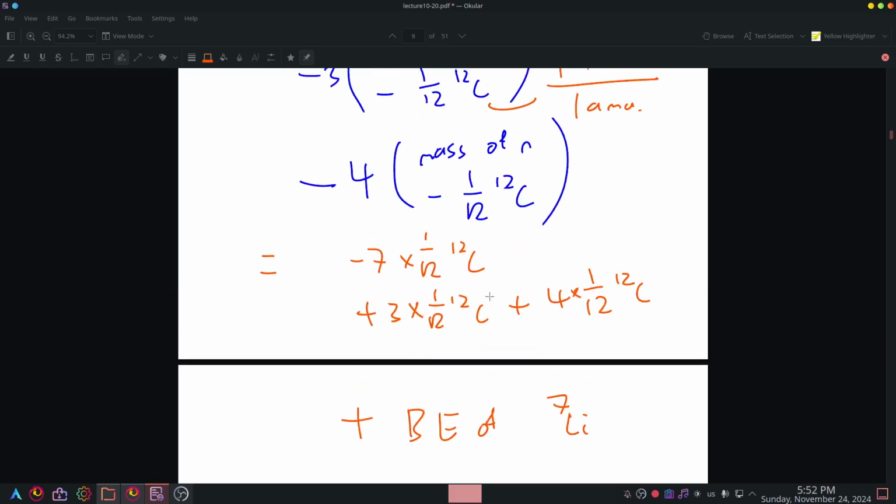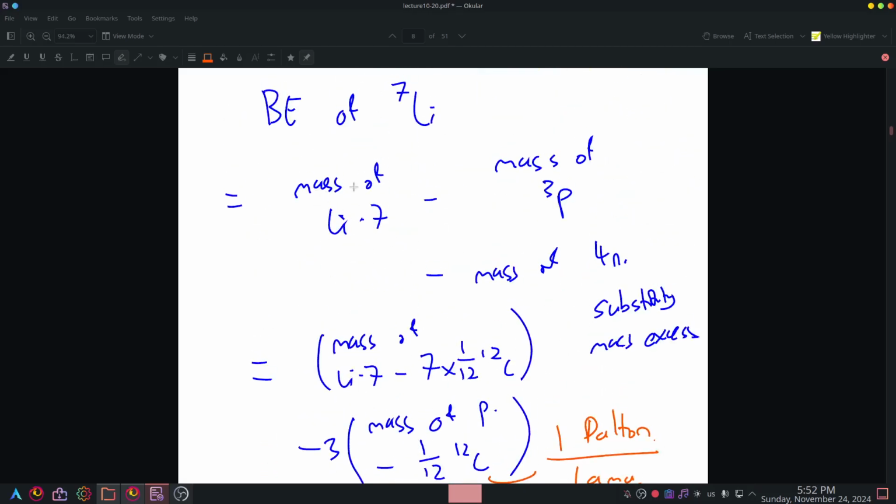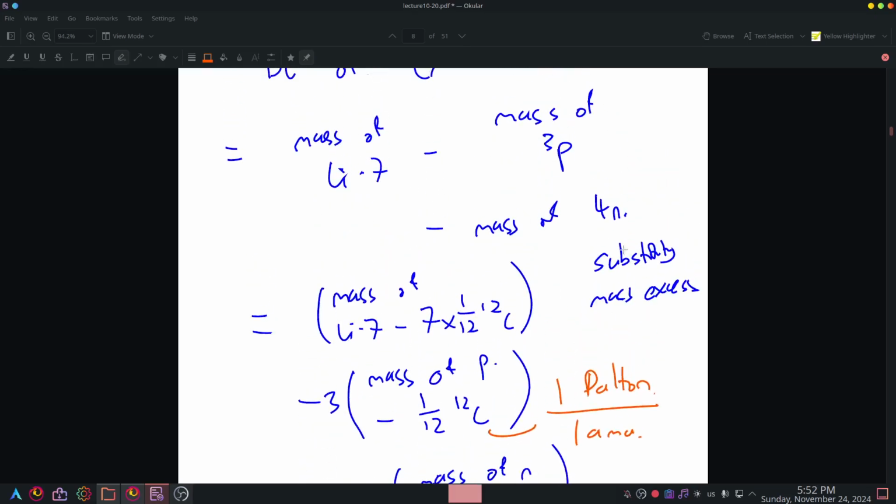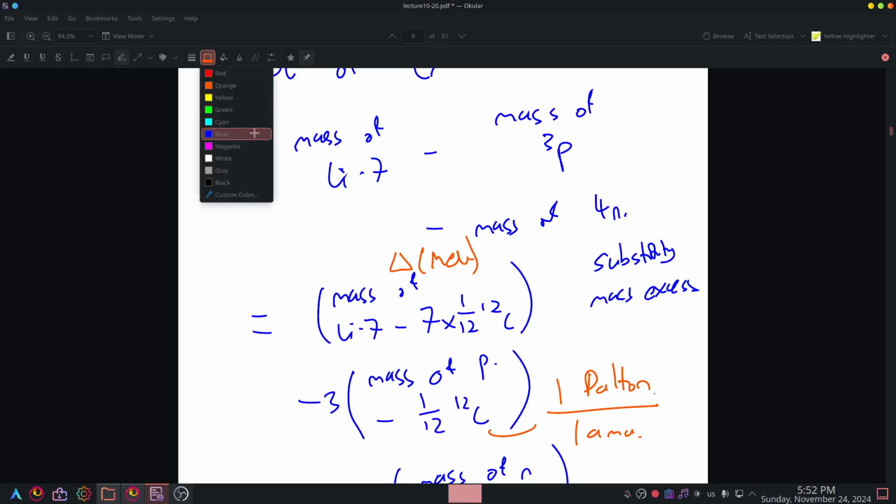So the binding energy for lithium-7 is the mass of lithium-7 minus 3 times the mass of the proton minus 4 times the mass of the neutron. Now what is in these brackets here is the mass excess. In this case what we have is in MeV. So let me just do some substitution here.